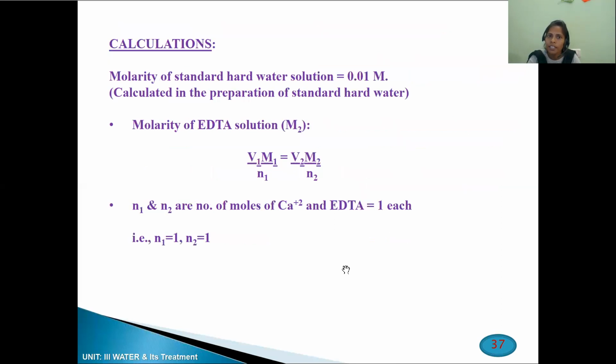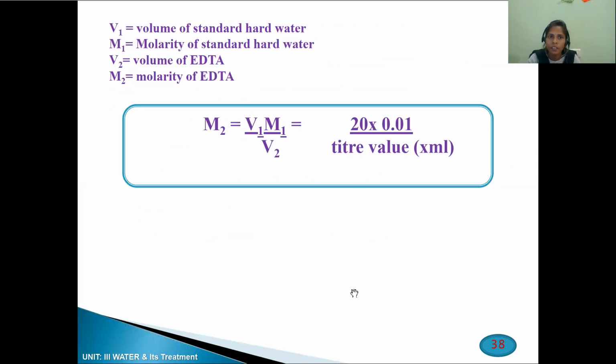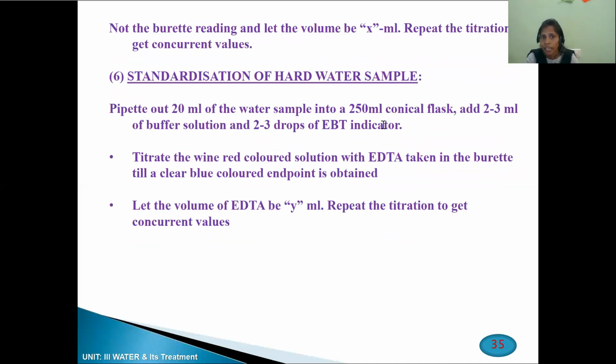So now this is the time for the calculation. Let us do the calculation in our laboratory. We are going to do it in terms of normality. Even you can follow the molarity also, but I am explaining the molarity in theory. The molarity of the standard hard water solution is 0.01 molarity that we have calculated here.